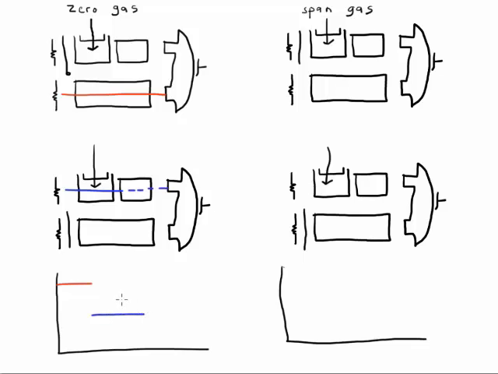Now when we flip back up to the reference, we'll be back at 100% transmittance. And when we flip back to the sample path, that's going to be absorbed by the filter cell. So we have a step function, it looks like, where we're flipping between the two beam paths.